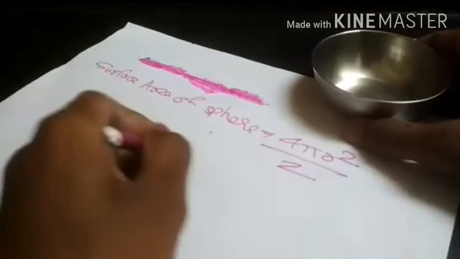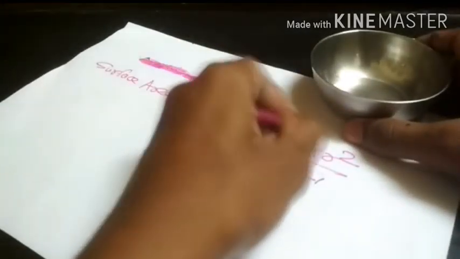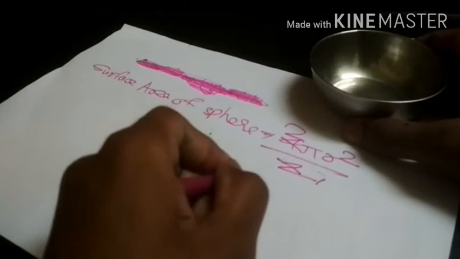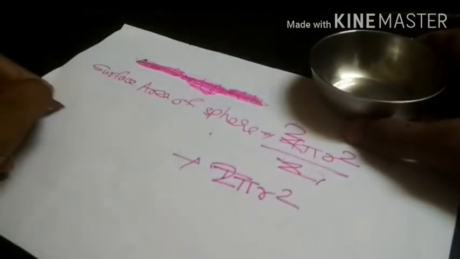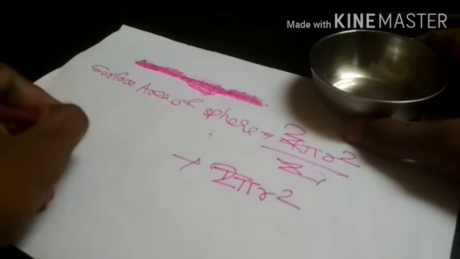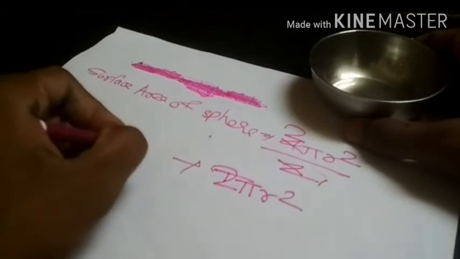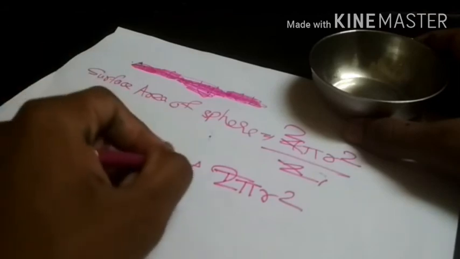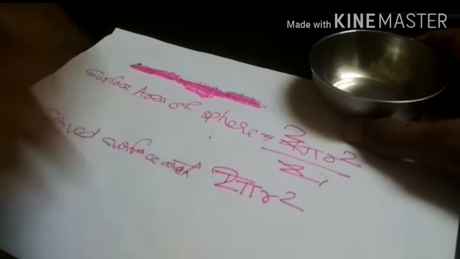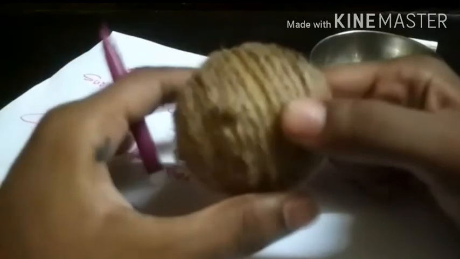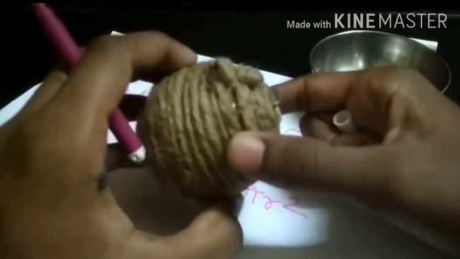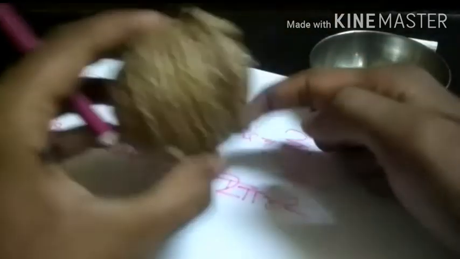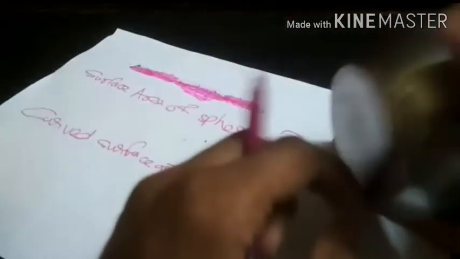So hemisphere is half of it, so we'll divide it by 2, so that is 2 pi r square, which we can say is the curved surface area. If we divide the sphere into two parts, the area will be divided also, so the curved surface area will equal that of the hemisphere.